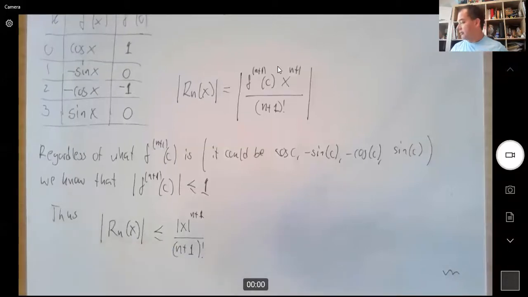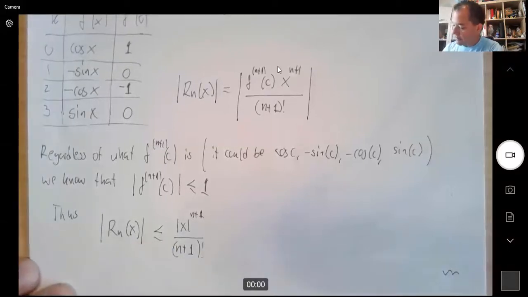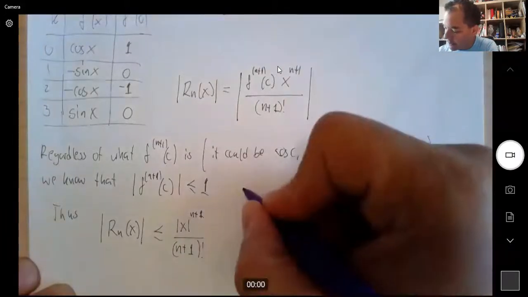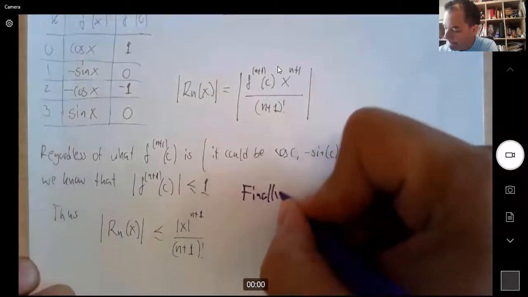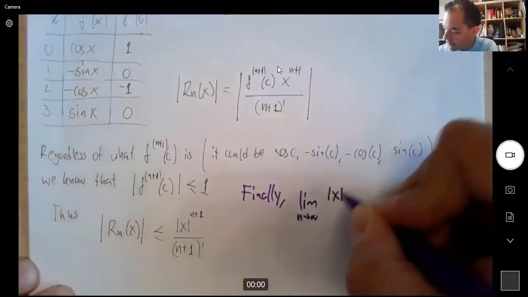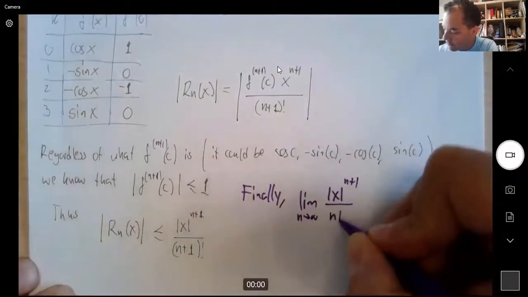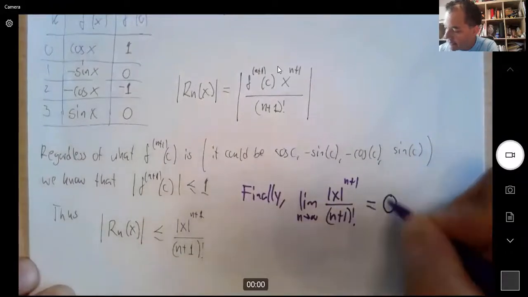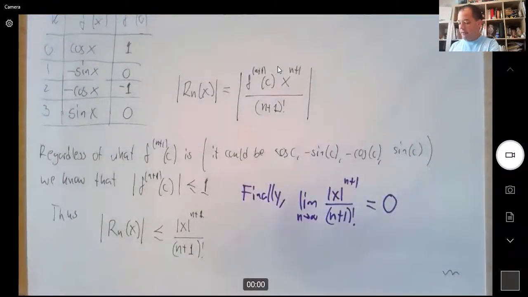Okay, so here the end is finally the limit when n goes to infinity of x to the n plus 1 over n plus 1 factorial is 0. And why is this? By the divergence test.